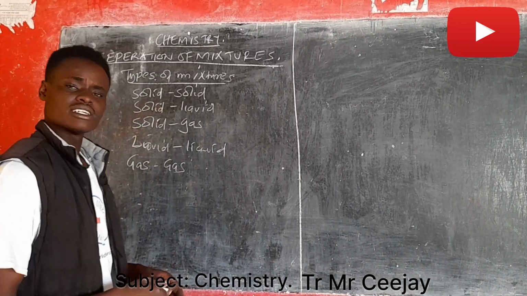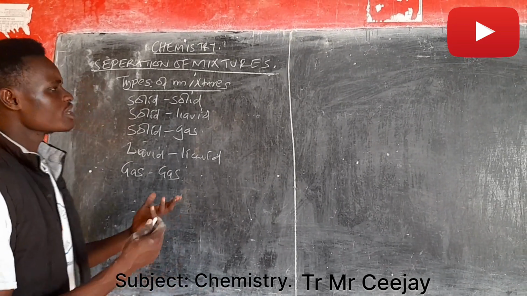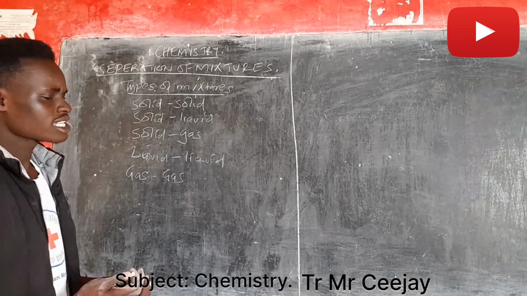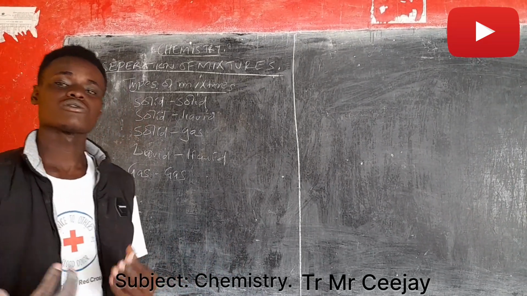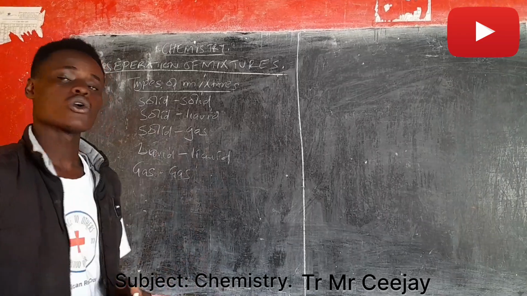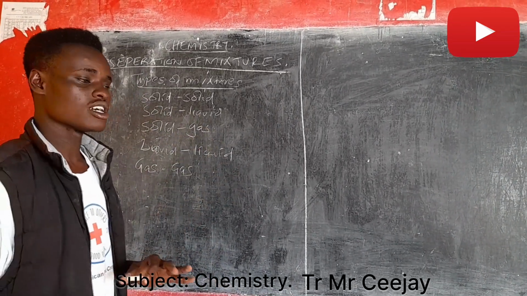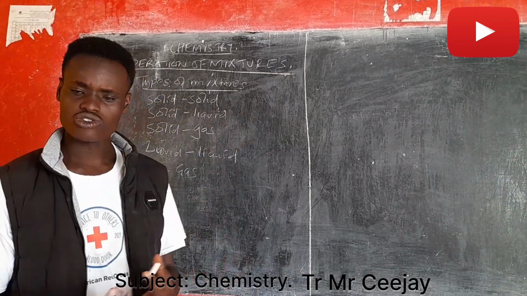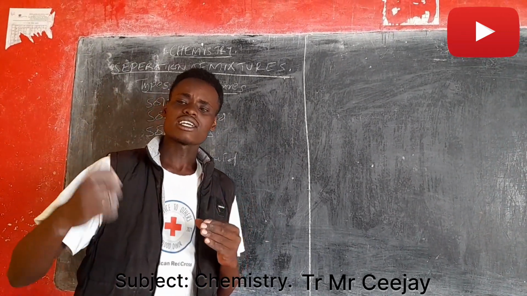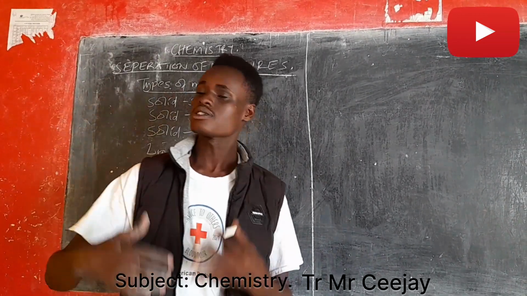So these are the types of mixtures we are going to deal with. Now, what is going to guide us on the ways of separating these mixtures also depends on the kind of mixture we have. The physical states of the three states of matter are what guide us on how we are going to separate these mixtures.